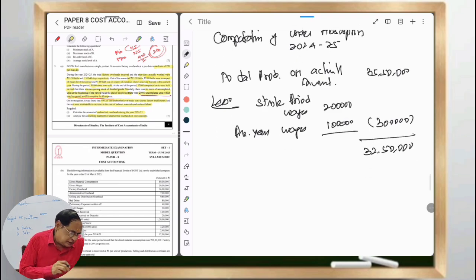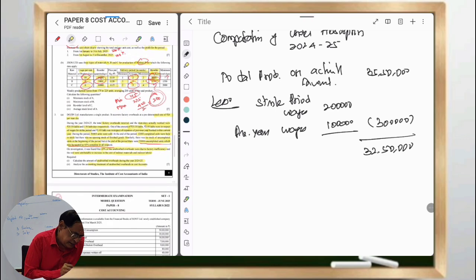So the production overheads, as given in the question, it is 20 rupees per man day. Observe that it manufactures a single product, it recovers overheads at the rate of 20 per man day. How many days? Man days we are working, 1,50,000.